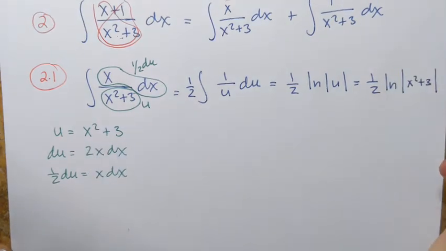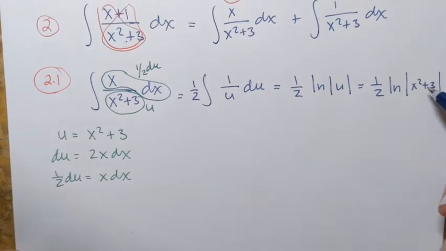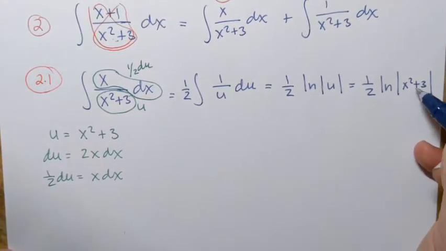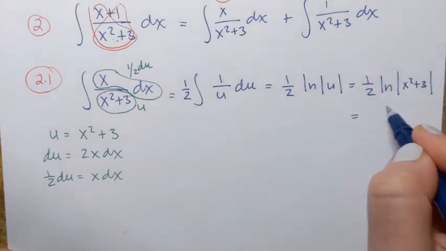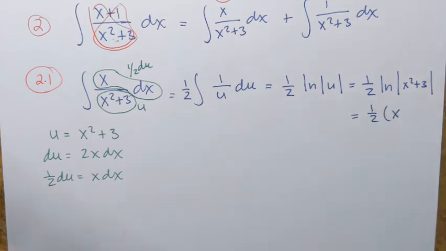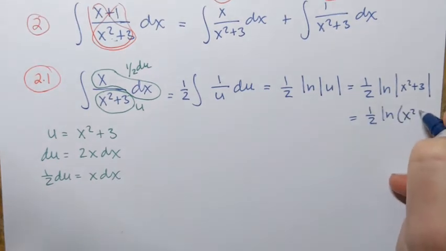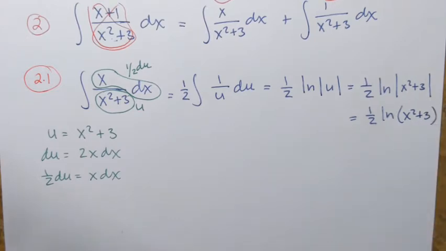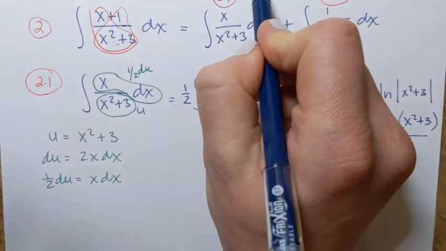By the way, that expression is always positive, it's never negative. So that means that we can just drop the absolute value. 1/2 ln of x squared plus 3, like that. Okay, so that's our answer for 2.1.